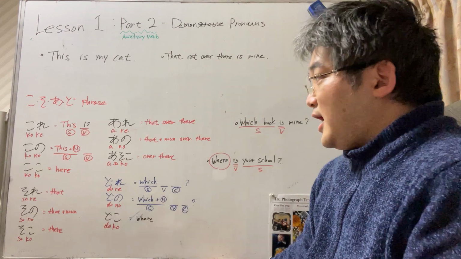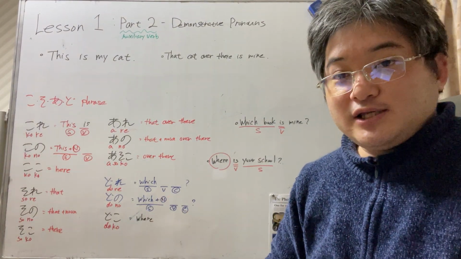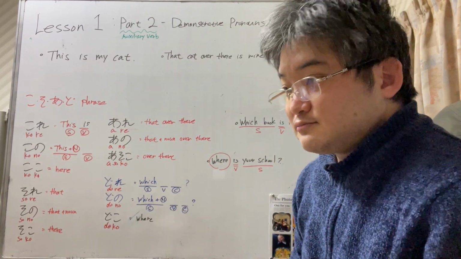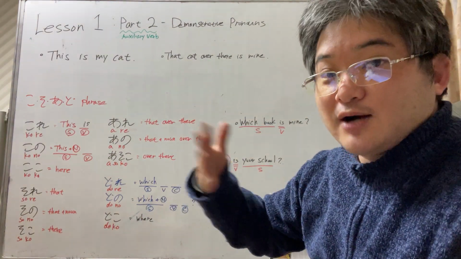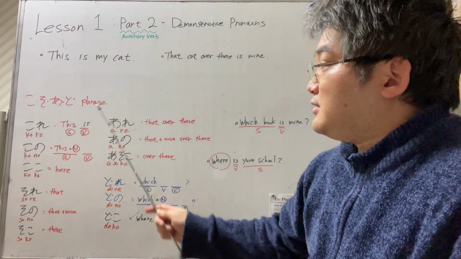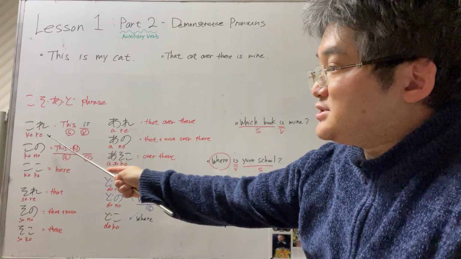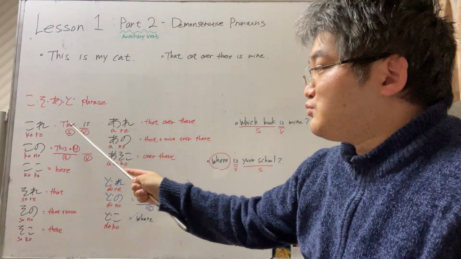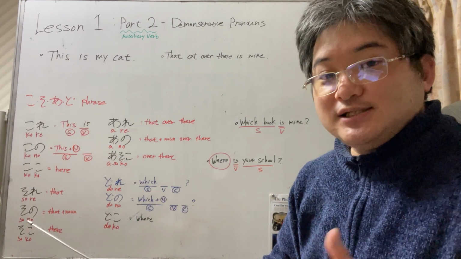I'm not dealing here with plurals, so if you have any questions about plurals, I'm happy to respond. I'm just laying out the basics. Kore is the simplest one, this is, and it's followed by the verb.